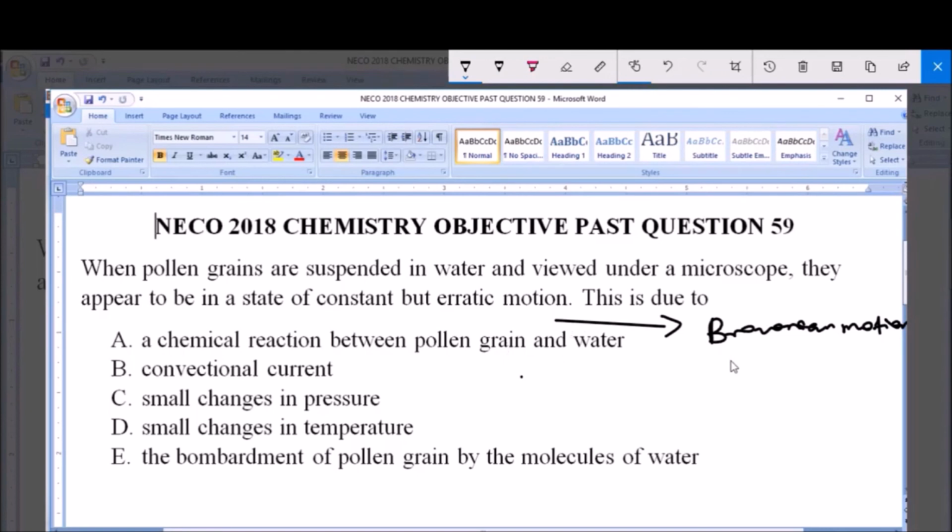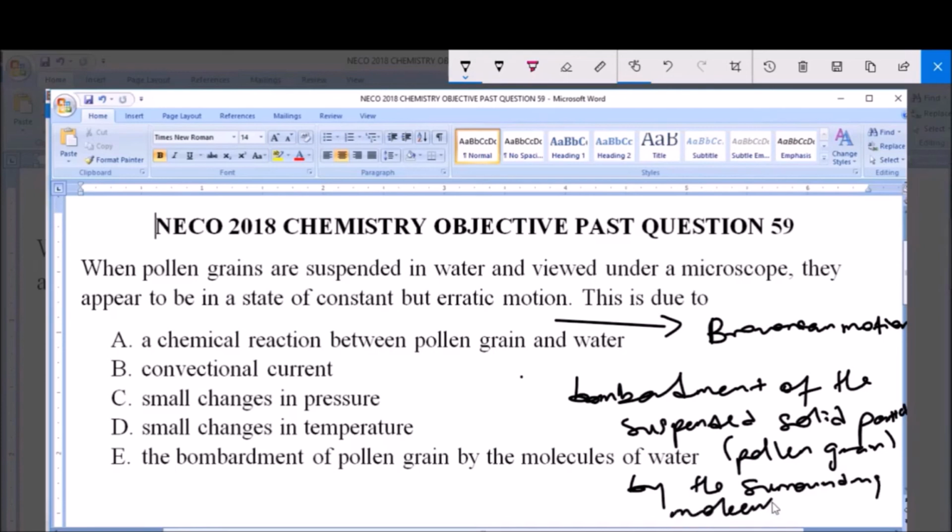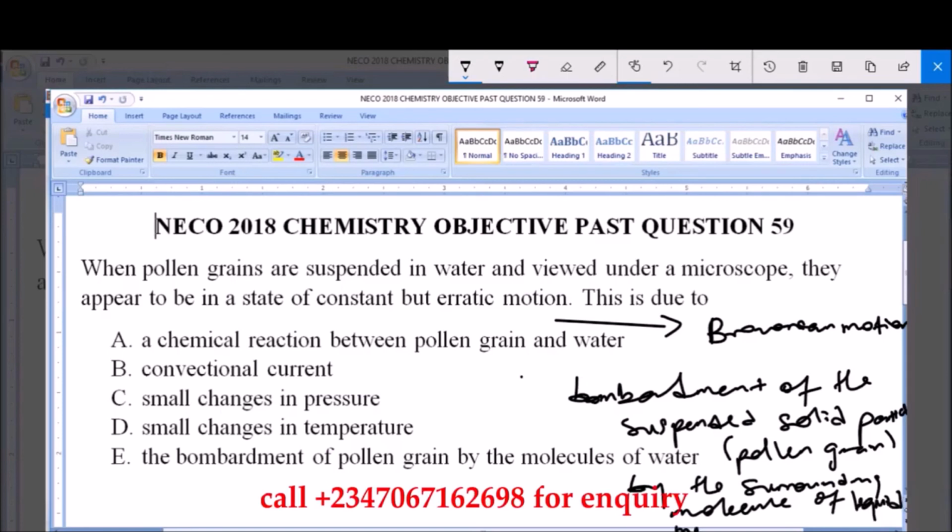Now this is actually due to the bombardment of the suspended solid particle, in this case the pollen grain, by the surrounding molecules of the liquid medium, and in this case the water is the liquid medium.